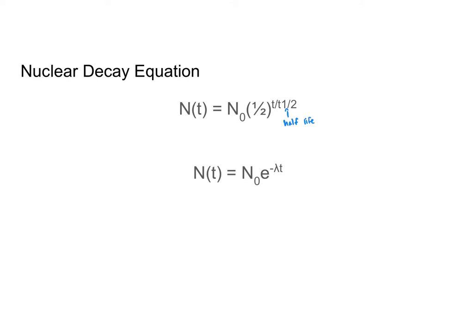first equation. And in our first equation, what we're going to do is multiply our initial count by 1/2 to the t over t1/2, so the time elapsed divided by the time for one half-life.